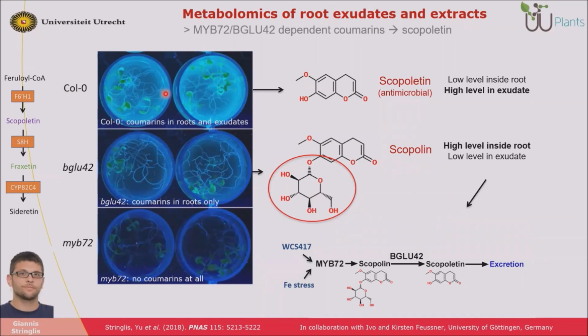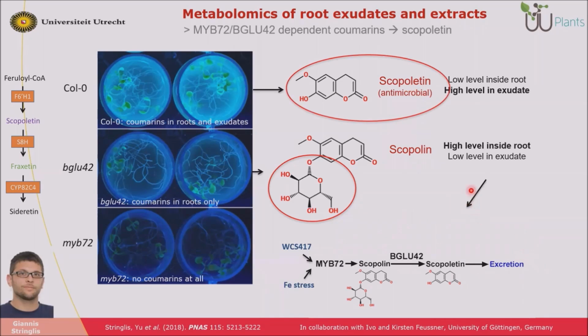In the wild type, we see a lot of scopoletin, which is secreted to the rhizosphere, and that is the same as scopolin, except without the glucoside residue. And we have demonstrated that the BGLU42 activity, the beta-glucosidase 42 activity, is required for cleaving off this glucoside residue so that you get scopoletin, and scopoletin is then secreted into the rhizosphere. It becomes mobile and is then secreted into the rhizosphere.